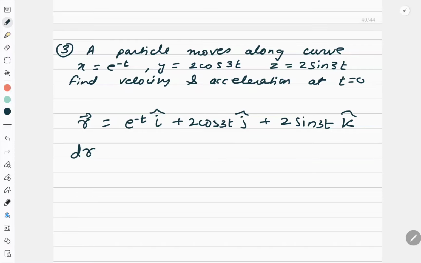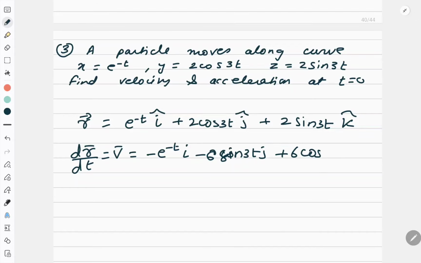Now, velocity means dr by dt. So, it is minus e to the power minus t i minus 6 sin 3t j plus 6 cos 3t k. And I need this velocity at t is equal to 0. So, velocity at t is equal to 0 is, e to the power 0 is 1.